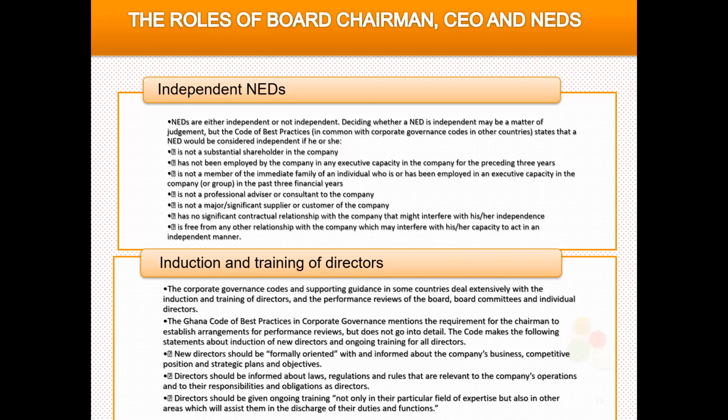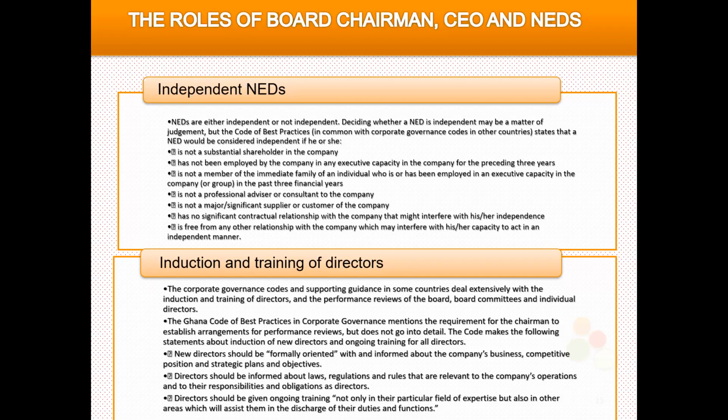The code of best practices states that an NED would be considered independent if he or she is not a substantial shareholder in the company. That's one. If it's not a substantial shareholder in the company, you'll be considered independent. Has not been employed by the company in any executive capacity for the preceding 3 years.